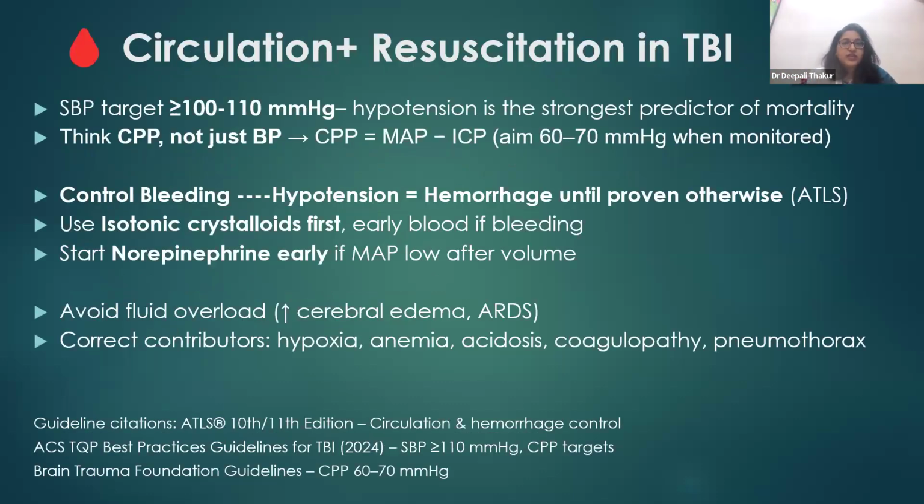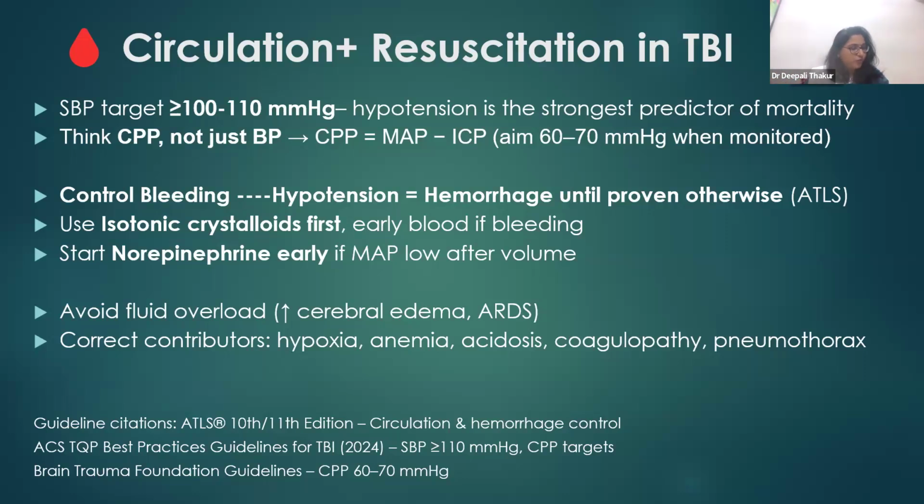So coming to circulation and resuscitation. In these patients, the systolic BP targets have been shifted. The Brain Trauma Foundation actually has given very beautiful guidelines. The 2007 guidelines had a target of 90 mmHg as systolic BP, but now it has been shifted to 100 to 110 mmHg.